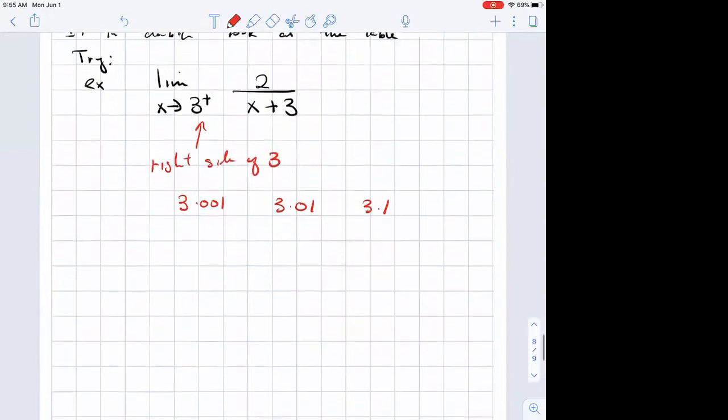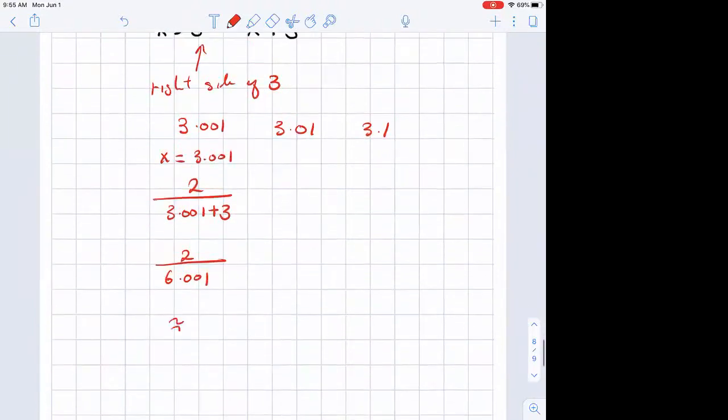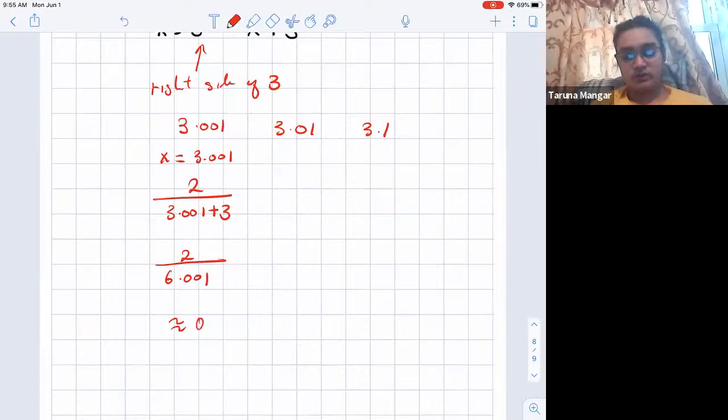What's going to happen if you plug in x equal 3.001? Well, you're going to have 2 over 3.001 plus 3, which is equal to 2 over 6.001, right? Which is approximately what? 0.33.